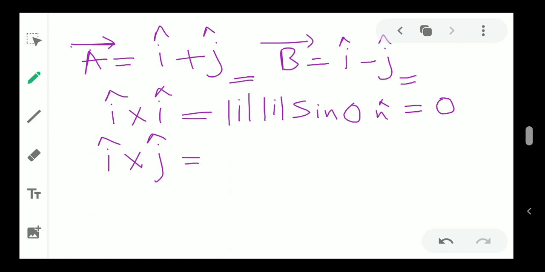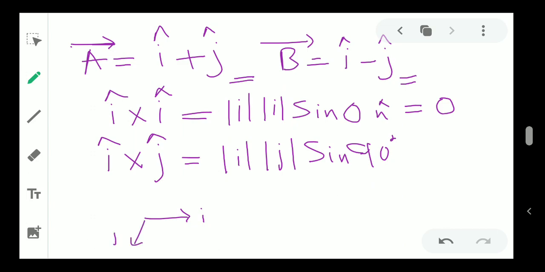So if we do this, the i vector value, the j vector value, sin of the angle between i and j, which is 90 degrees, and then we have n cap. Now instead of writing n cap, I will write k cap, because if you draw here, that is my i and j, I am coming from i to j.